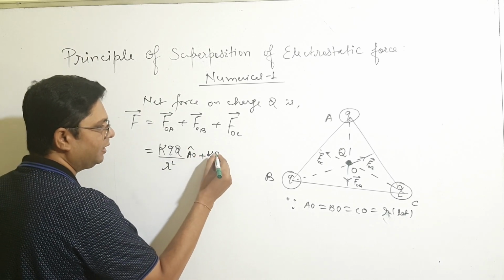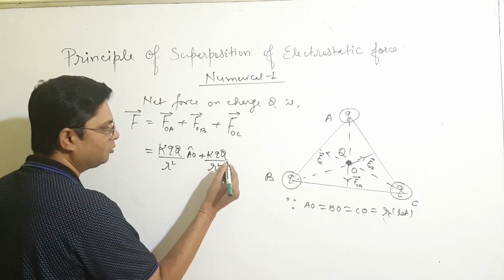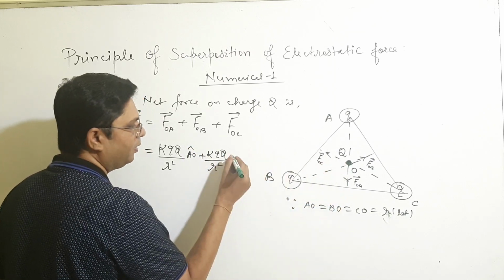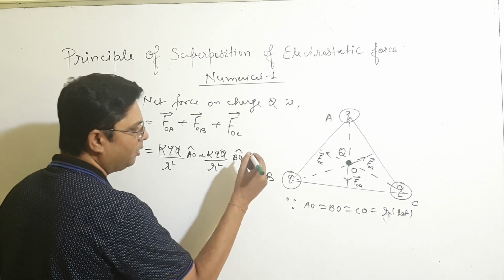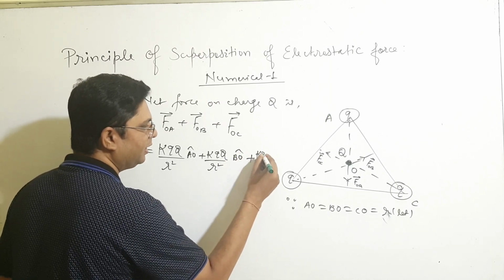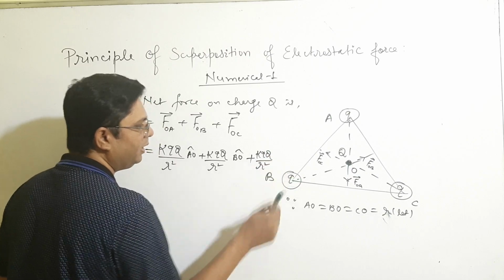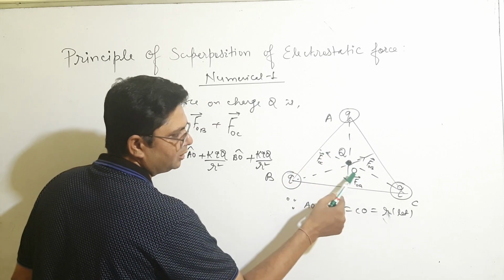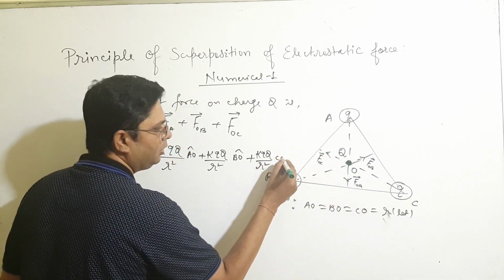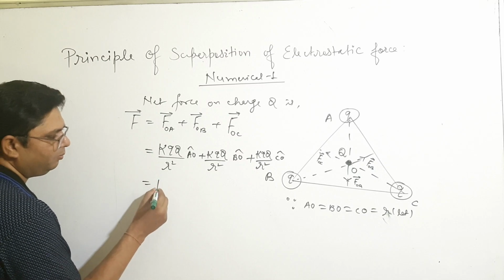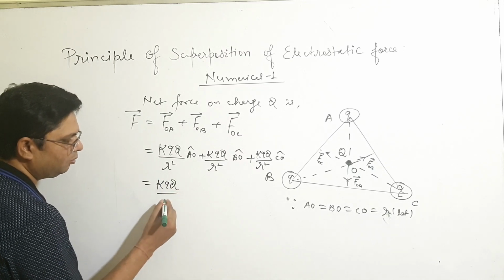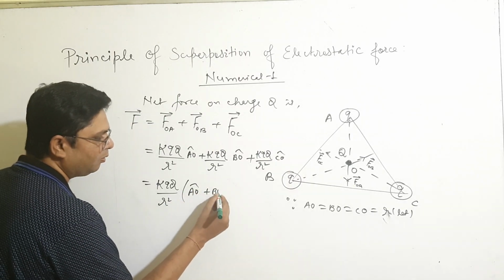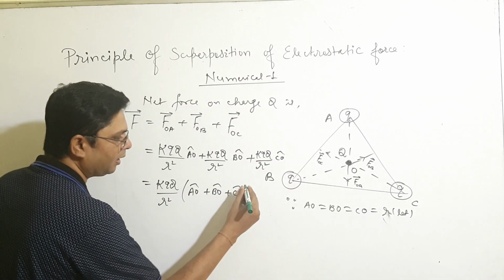In the same way, K small q capital Q over R square, with the direction BO cap, plus the next force K small q capital Q over R square, with the direction CO cap. Take out the common term K q Q over R square, and under the bracket you have AO cap plus BO cap plus CO cap.